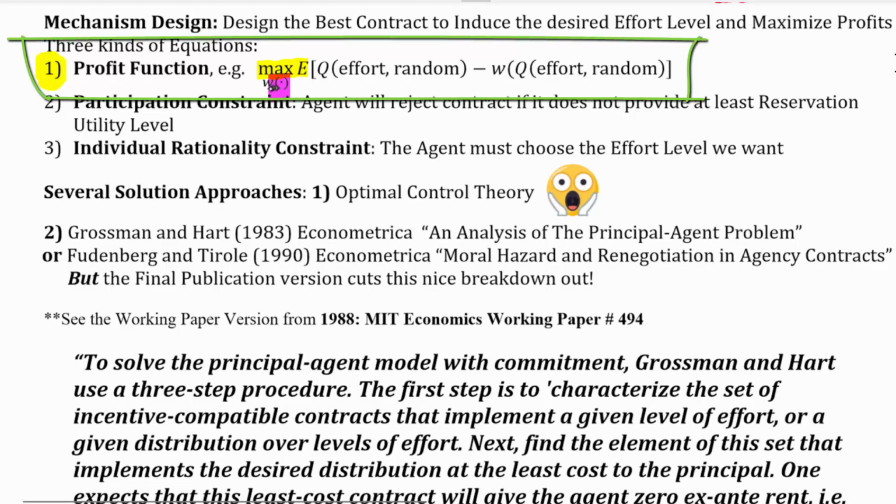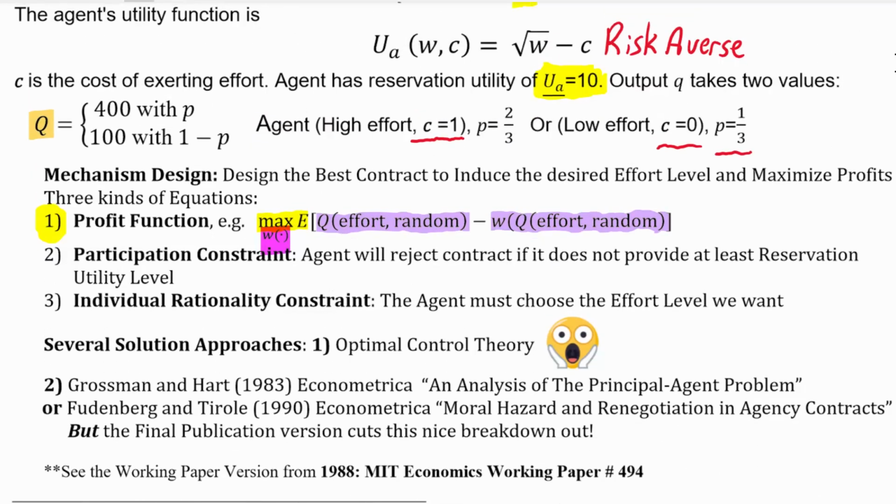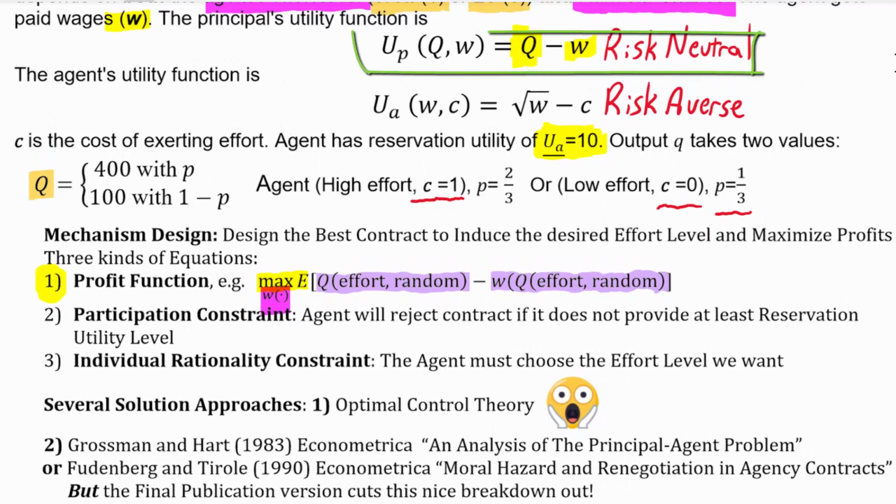W(.) means there's some kind of wage function that we're going to be trying to construct here. By choosing that wage function in the optimal way, we want to maximize the expected value, or the long run average, of the quantity of output minus the wage that we have to pay the person. This is just another way of writing that utility function of the principal that we had up here, making it a little more mathematically explicit.